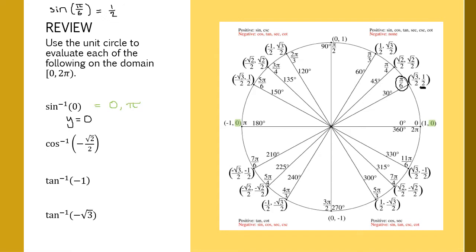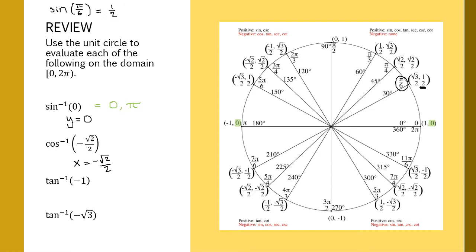And the next one is asking us for the inverse cosine of -√2 over 2. So I know that the cosine is -√2 over 2. In other words, the x-coordinate is equal to -√2 over 2. And I'm being asked to find the angle, or the inverse, that goes along with that.